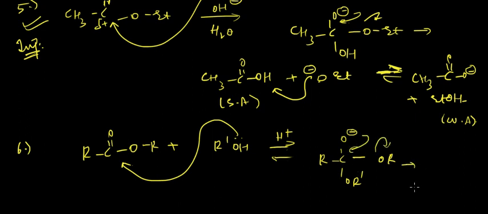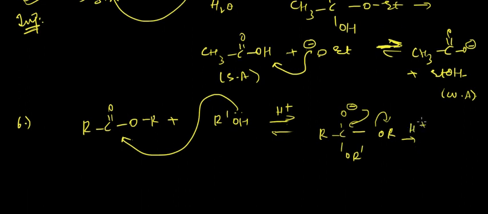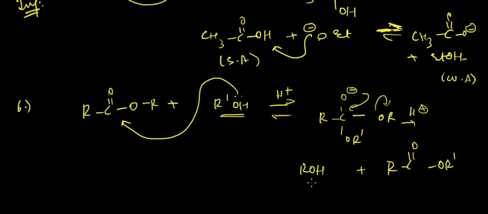So in an acidic medium, we'll be getting C double bond O, OR dash plus ROH. So for the reaction to go in the forward direction, you have to compare the acidity of these two. If it's a stronger acid than this, and a strong nucleophile, you can say this reaction can go in the forward direction.